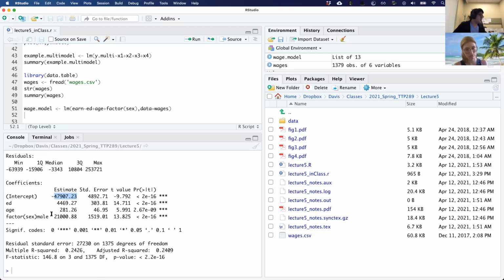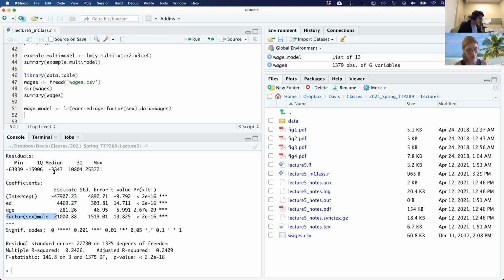We can interpret this as the starting point, and then interpret the difference between male and female as, on average, males make $21,000 more a year than females do, according to this data set.